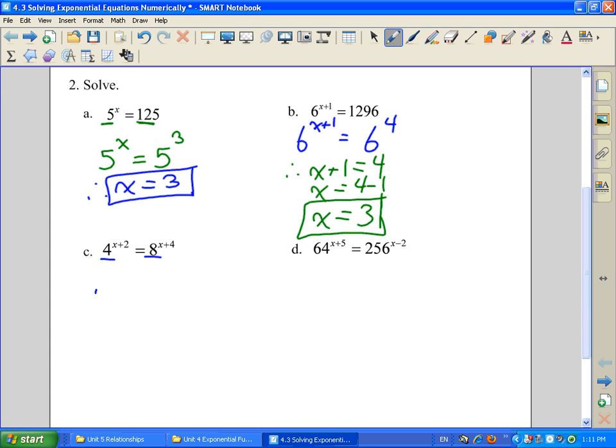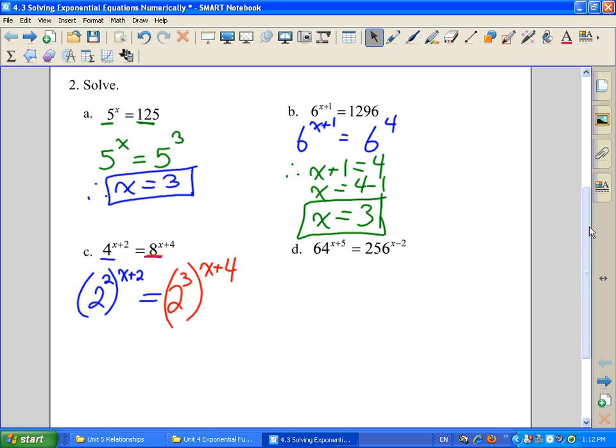So 4 equals 2 to the power of 2, and then we still have that all to be multiplied by x plus 2 equals the right side. So currently we have 8. 8 equals 2 to the power of 3. And then all that's got to be multiplied by x plus 4.